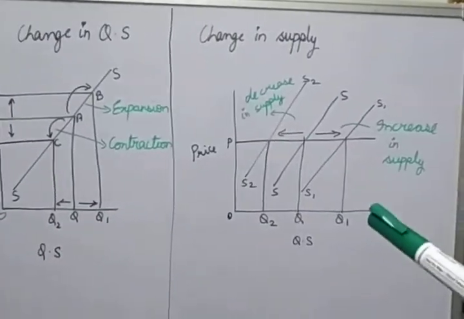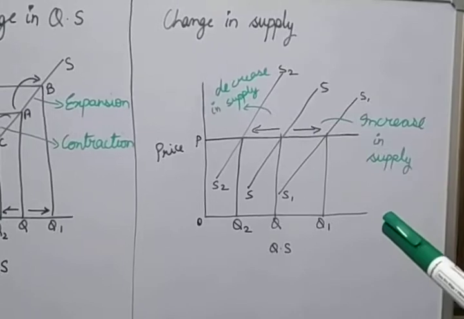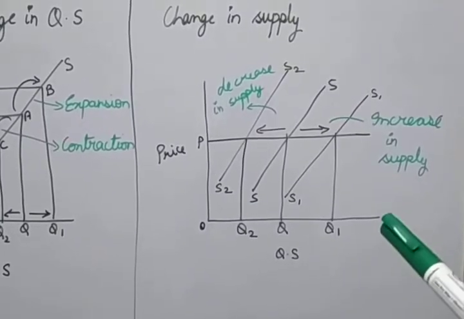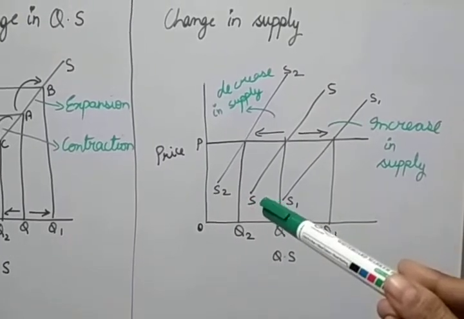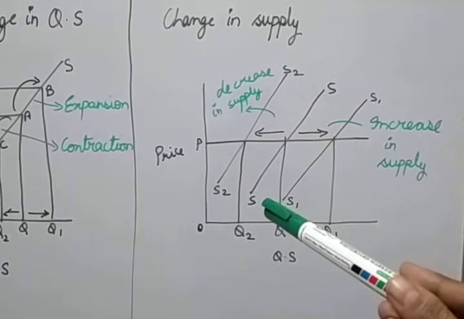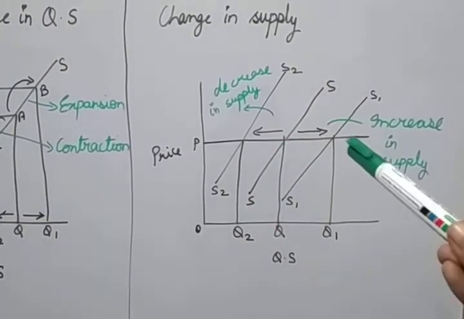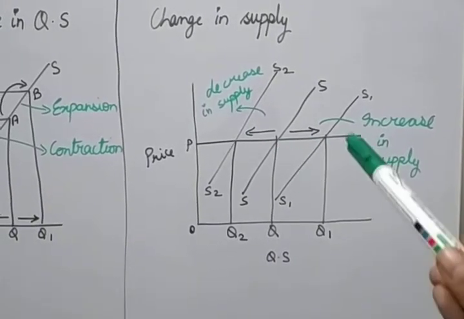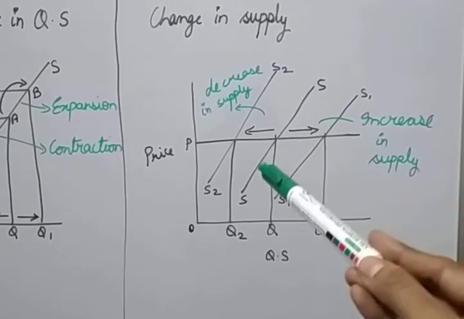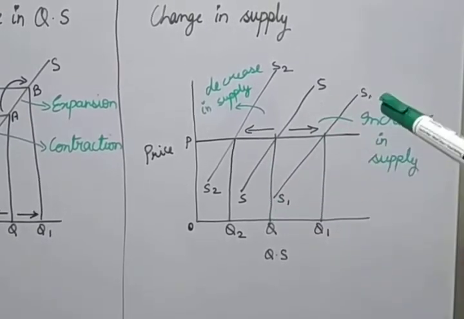Whereas in change in supply, when the other factors are changeable, you can see that if the initial supply curve is SS and if there are favorable changes in the other factors, the supply curve will shift rightward and you can say increase in supply. So the whole new curve shifts from SS to S1.